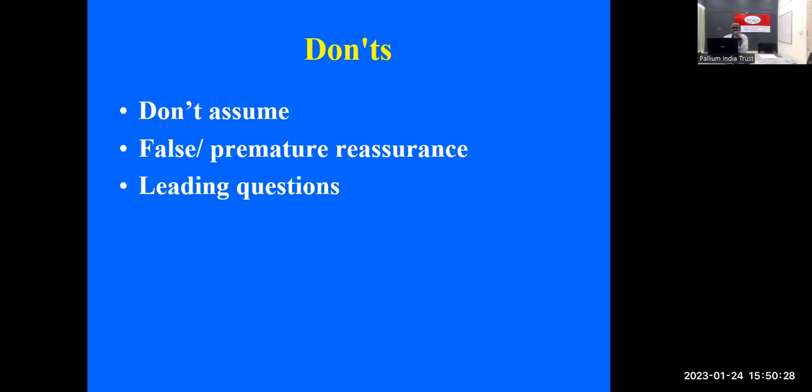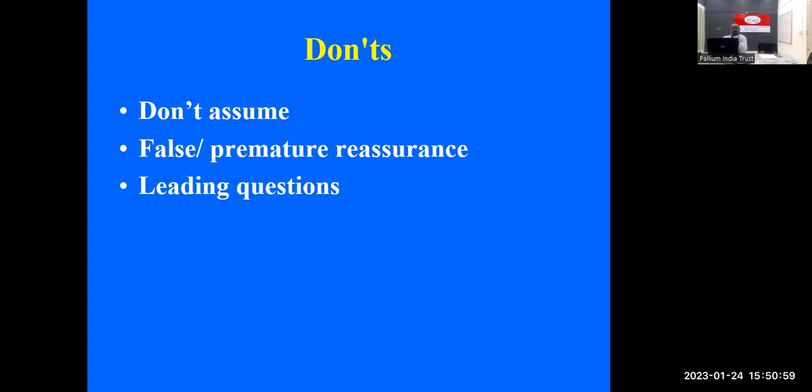And another thing is, you should not ask leading questions. So leading question means, suppose a patient has severe pain and you have given some medication. Okay. And next, what question would you ask this patient? Or actually, what do you want to know about this patient? You want to know that the pain has reduced.